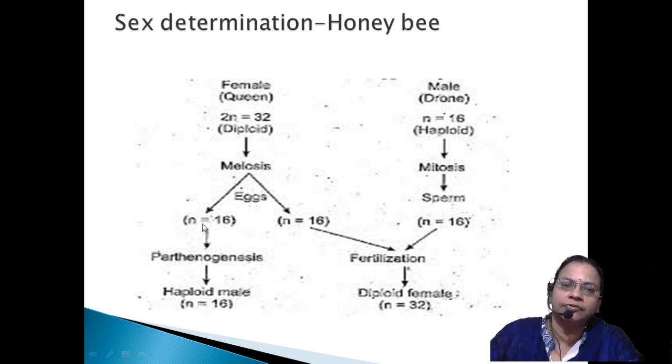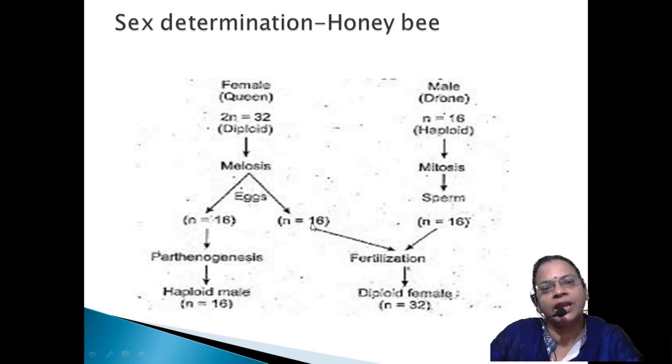And here, if an egg from the female directly develops into an offspring without fertilization, then the haploid male will be produced. Without fertilization, if they develop, that process is called parthenogenesis. Without gametic fusion, the egg directly develops into an offspring that will turn into male.